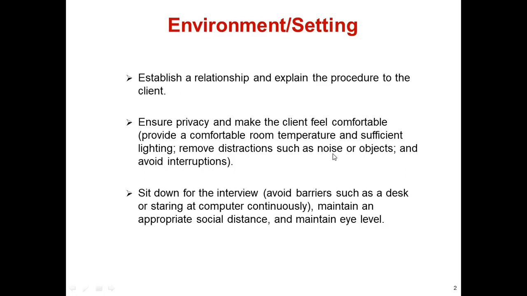Makes sense. Sit down for the interview and maintain an appropriate social distance and maintain eye-to-eye level. It is one of the good communication practices.